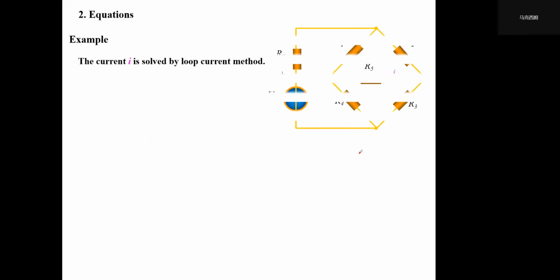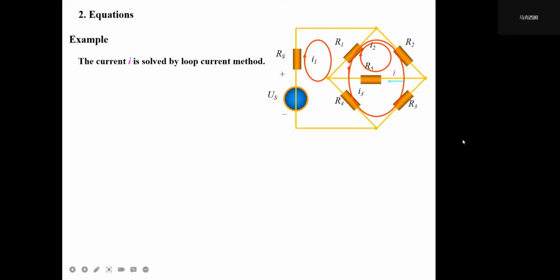For example, we have this kind of circuit, and we can solve the current I by using the loop current method.